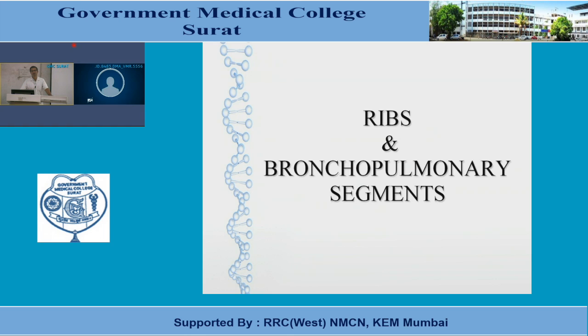These 12 pairs show different features, but some ribs have the same features. What these features are, and how other ribs are different from these ribs, we'll see one by one.